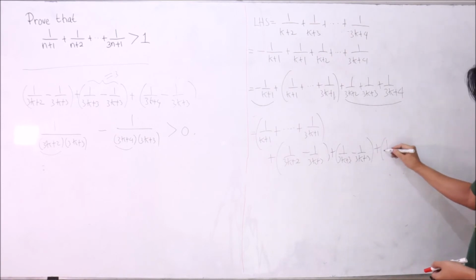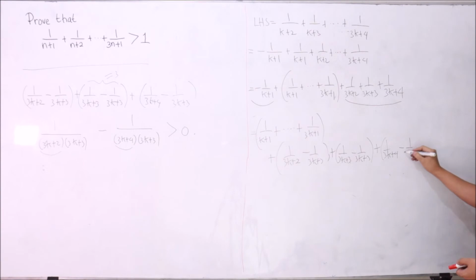And then 1 over 3k plus 4 minus 1 over 3k plus 3.